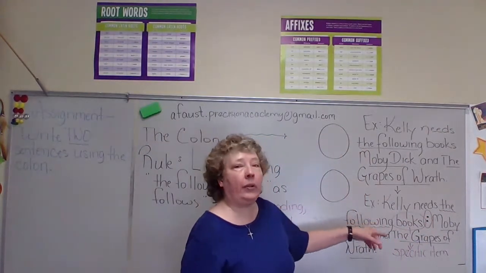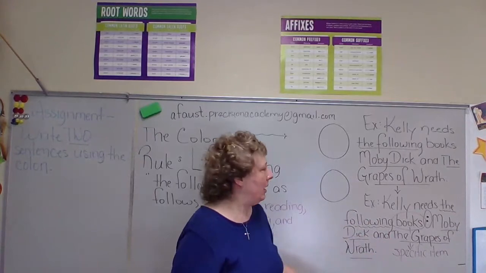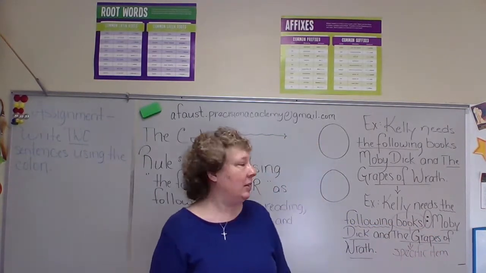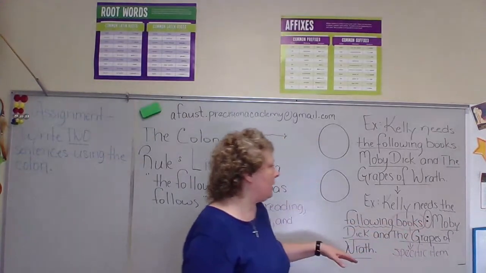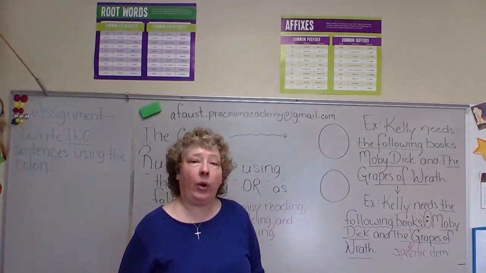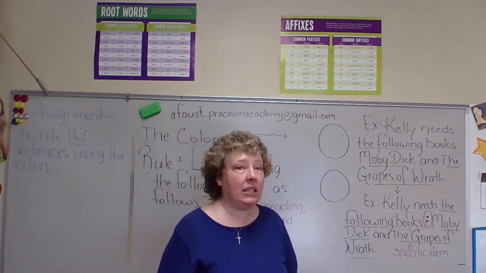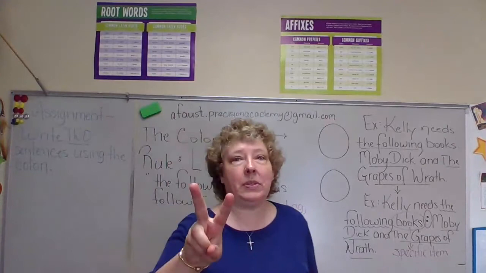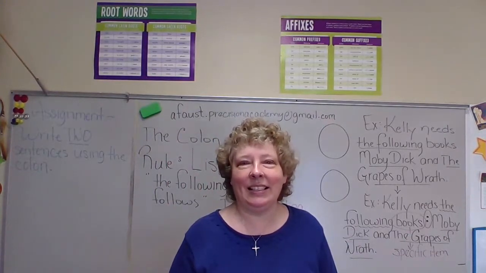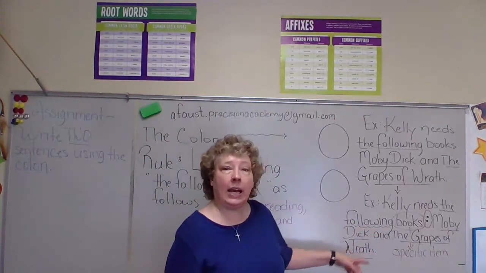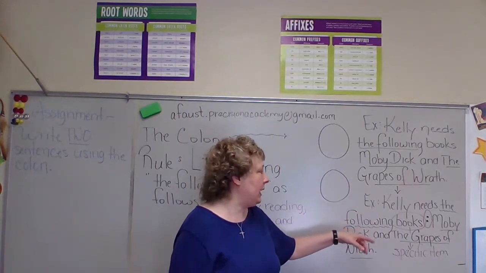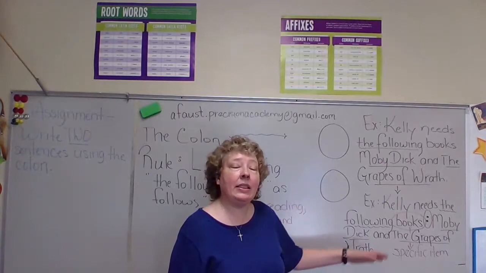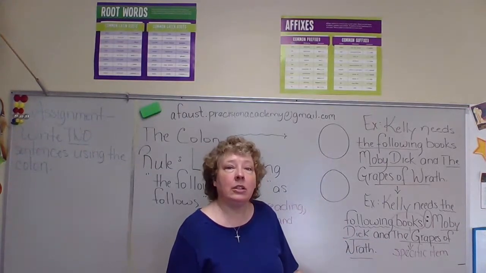Kelly needs the following books. Colon. Here's your colon. And here are the titles. Moby Dick and the Grapes of Wrath. It's a list. 2 items. No comma. If there were 3 titles, you would have Moby Dick, comma, the Grapes of Wrath, comma, and the Scarlet Letter. Okay?